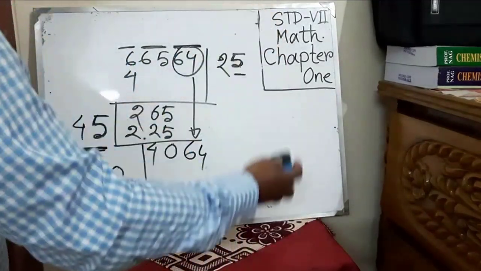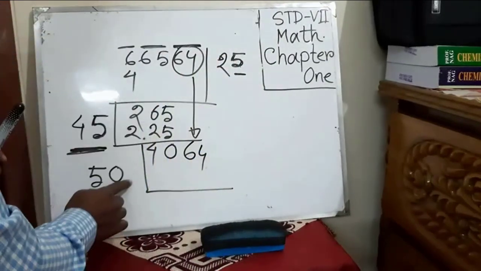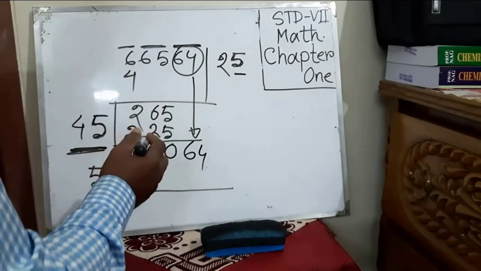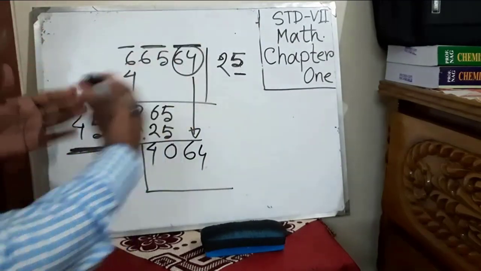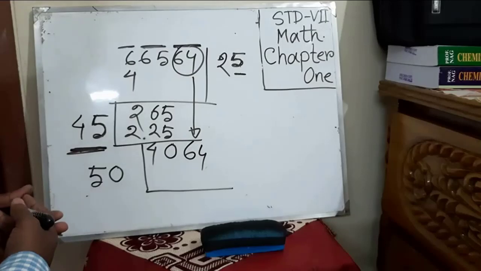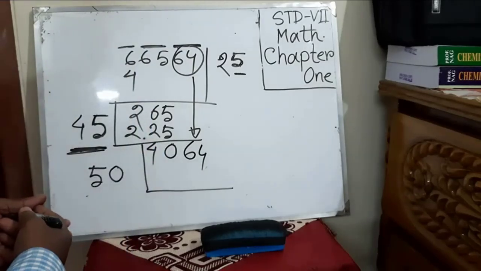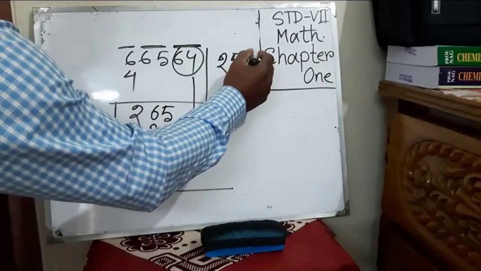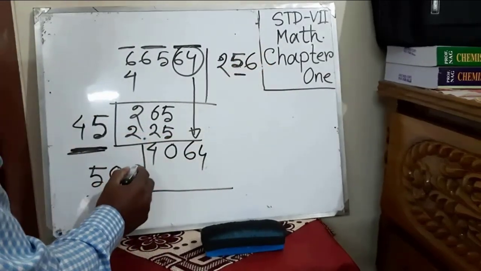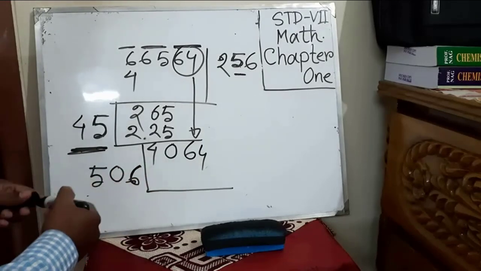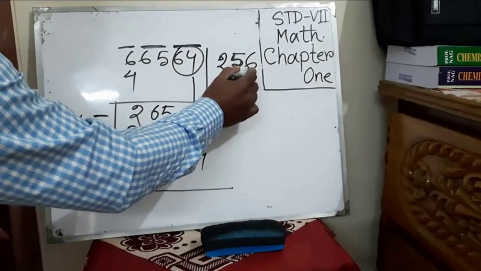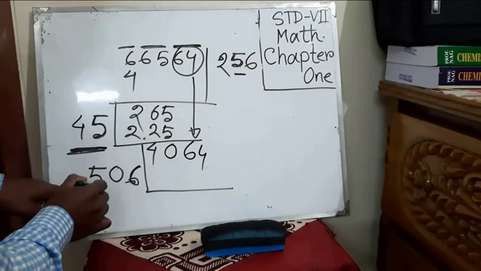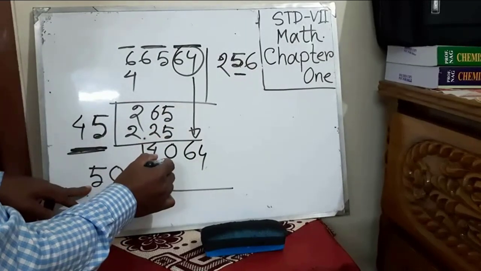Then you will consider another digit. You will write it there and the same digit you will write here. After doing 3 or 4, 5 mathematical problems, you will understand better. So now consider it is 6. If it is 6, then you will multiply 506 by 6, but we know that is 40. Look, if it is 6, then 5 6s are 30.